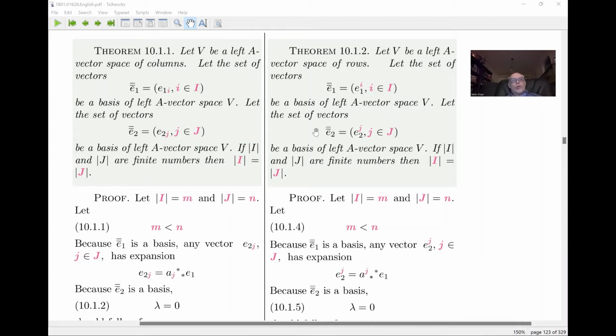Let a set of vectors E1 and E2 be bases of the left A vector space V.